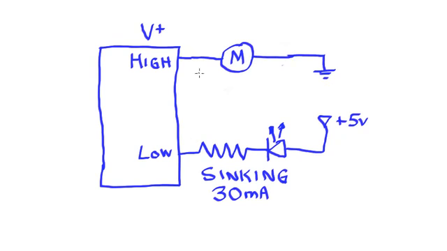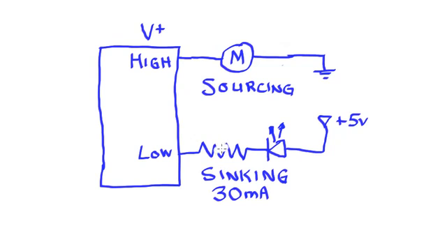Assuming that my microcontroller could provide enough current to turn on this motor, so it would be a very small motor, I could connect it up in a sourcing kind of fashion. So one end of the motor would get connected to ground, the other end of the motor get connected to the microcontroller. The motor would go on whenever the port goes high.